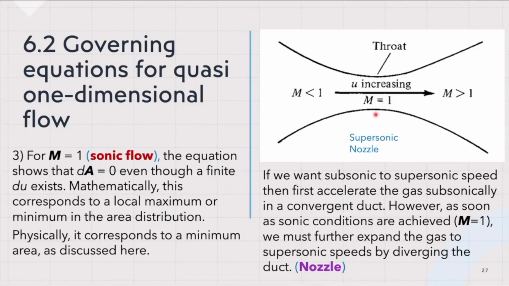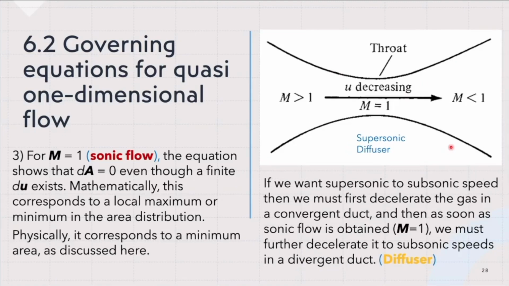If we want to go from subsonic to supersonic speed, we first need to accelerate the gas subsonically in a convergent duct. However, as soon as the sonic condition is achieved, where Mach number equals 1, we must further expand the gas to supersonic speed with a divergent duct, a convergent-divergent duct as shown here.